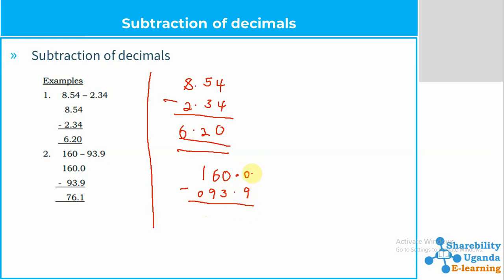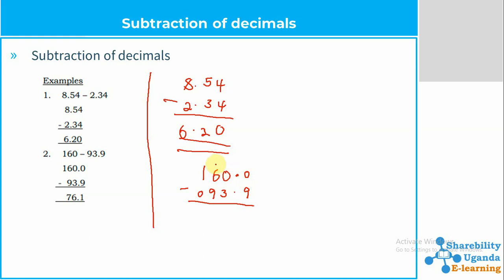impossible. 0 minus this becomes impossible. So now what do we do? We have to come this side and borrow. When you borrow from this, we shall borrow from what? From this.